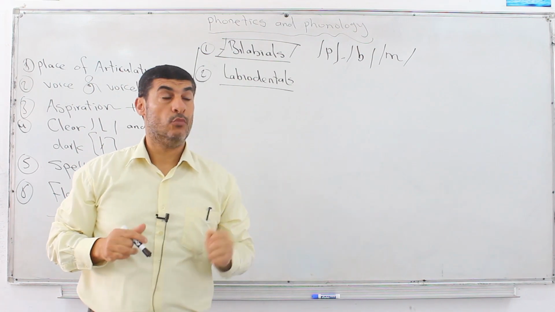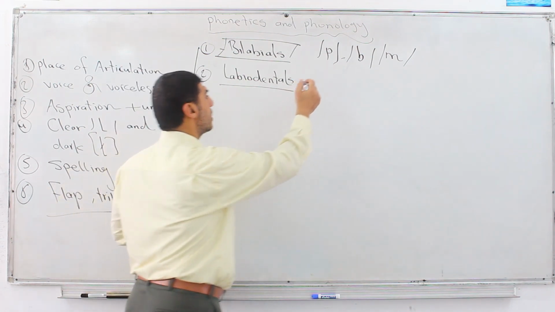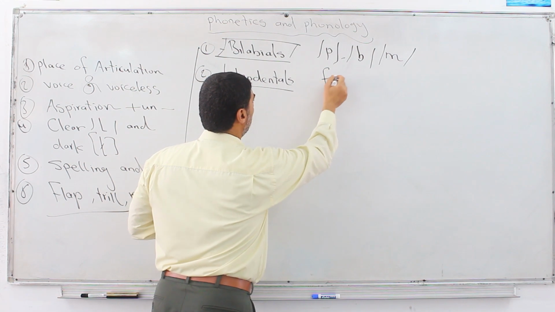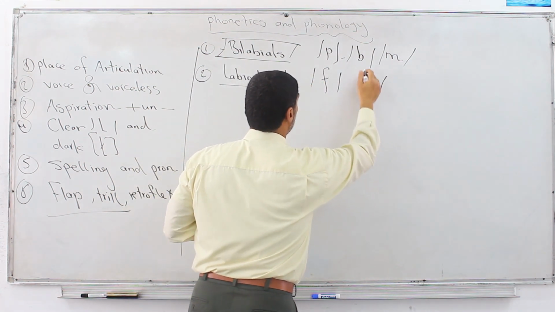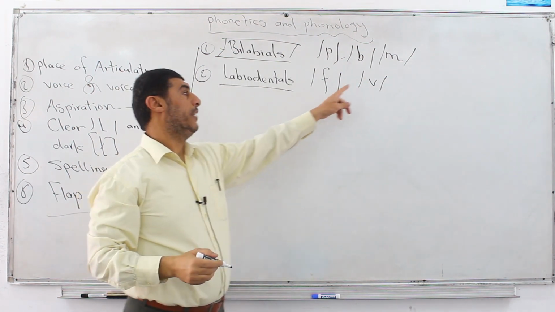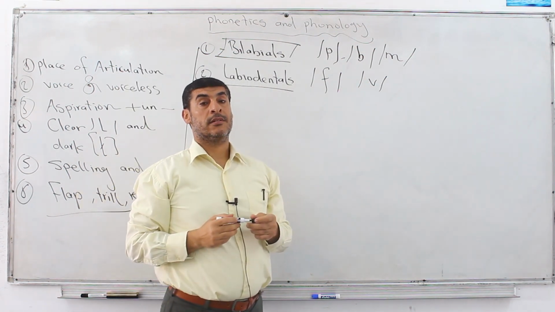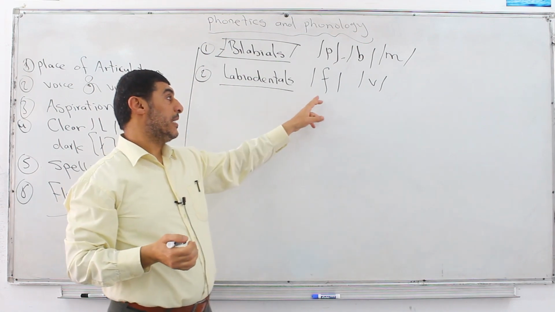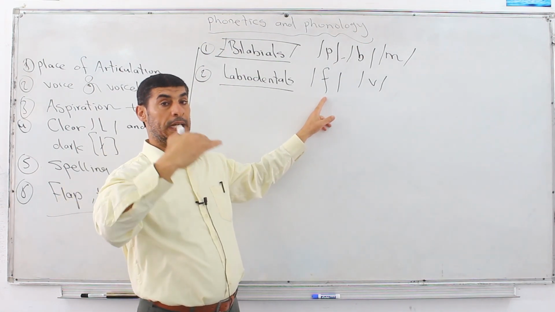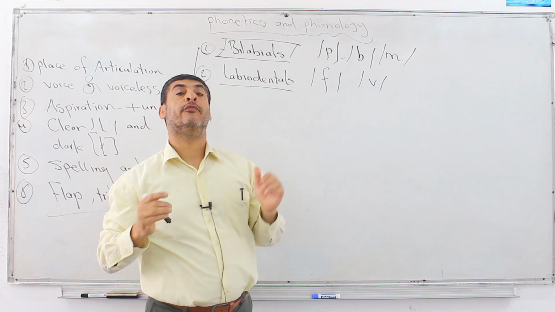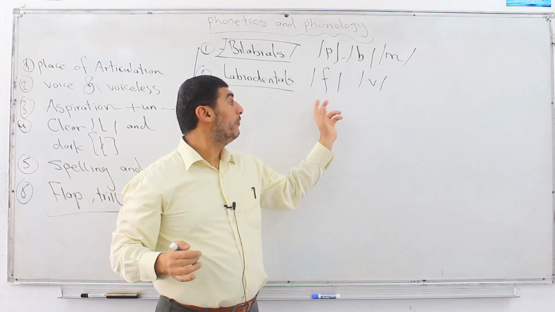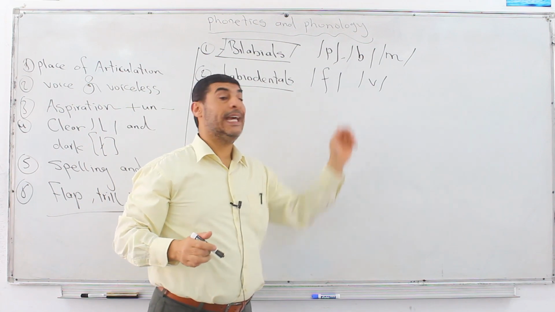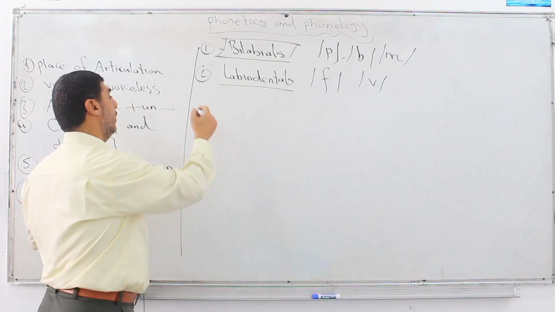They are not movable. So once again, fa and va are labiodentals. The lower lip and the upper teeth are involved in articulating them.